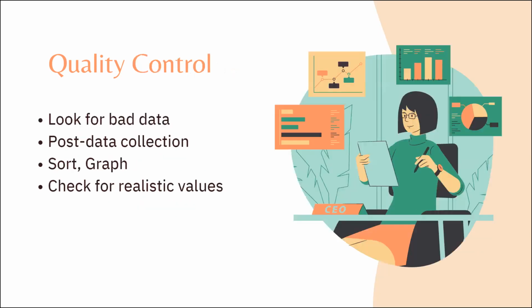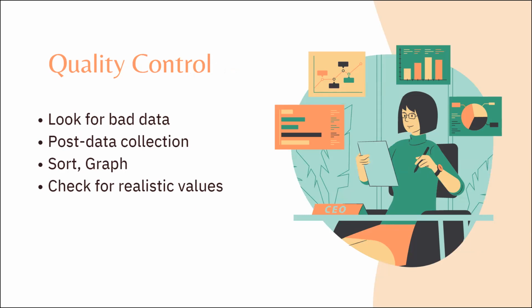The second method for ensuring high quality data is quality control. Quality control is looking for bad data that has already been entered, and this occurs after data collection. It can be done by sorting the data, graphing it, and looking for realistic ranges of values.